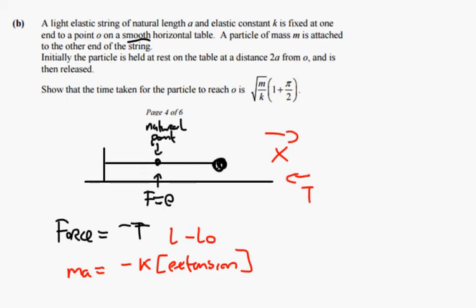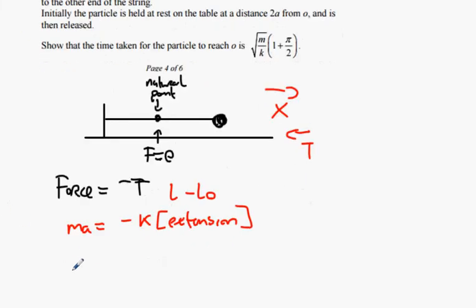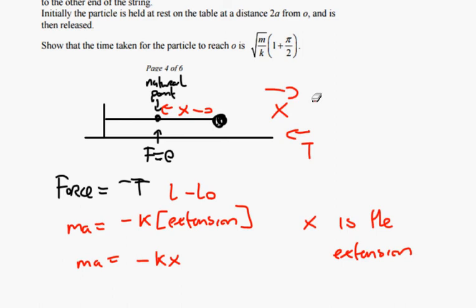We have to prove that it obeys simple harmonic motion first. So ma equals minus kx, where x is the extension. I'll just call it extension as opposed to displacement, just for this one question.